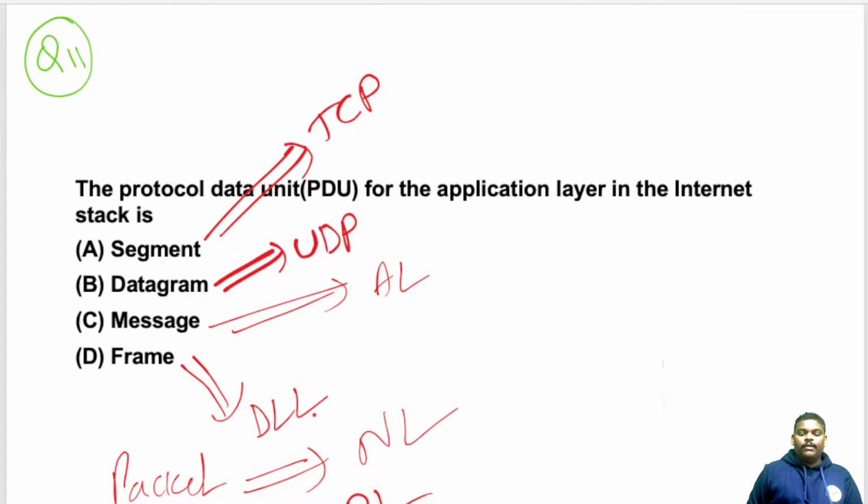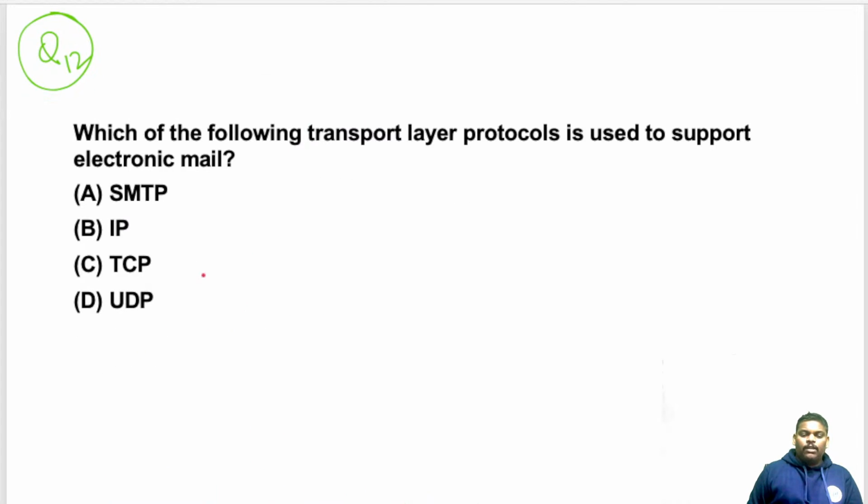Frame is data link layer, packet is network layer, bits is physical layer, message is application layer. Yeah, everyone knows, but it is given in one of your previous papers. Yeah, can you go to the next one?